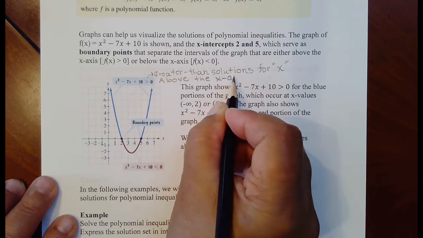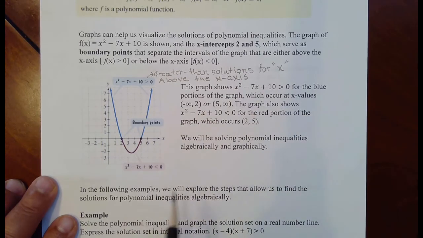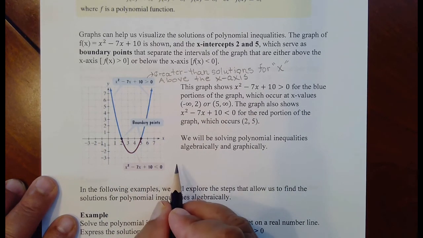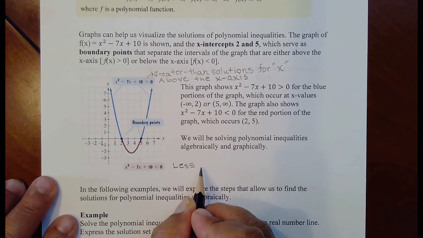If you're asked to look at a graph and to find the x values that represent the solutions for the less than case, then those will be the x values on the portion of the graph that's below the x-axis.